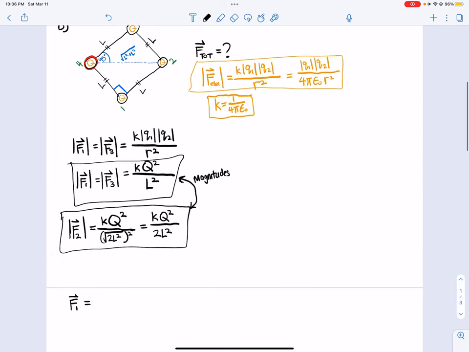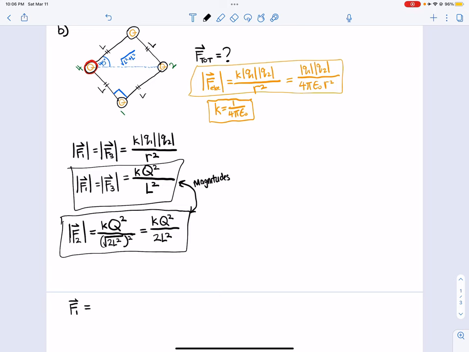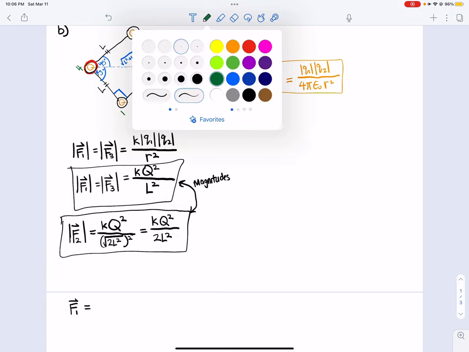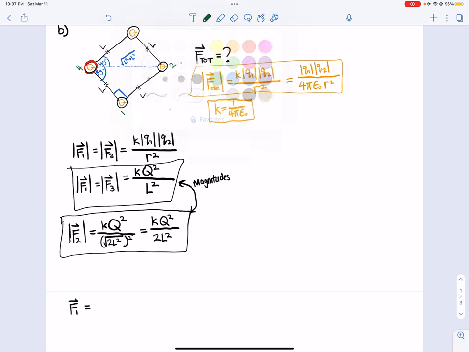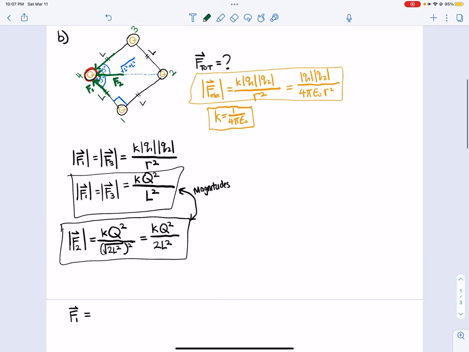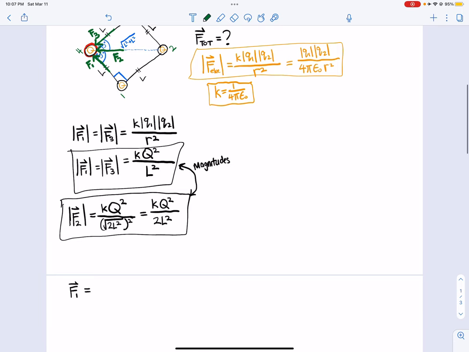Again, remember this is 45 degrees right here, right? And then we are experiencing a force coming this way, we call that F1. A force coming this way, we call that F2. And a force coming this way, that's F3, okay?